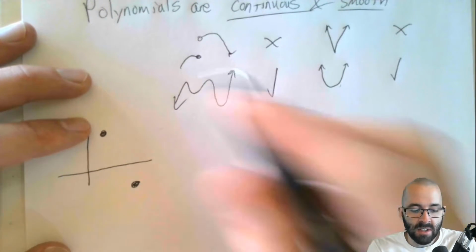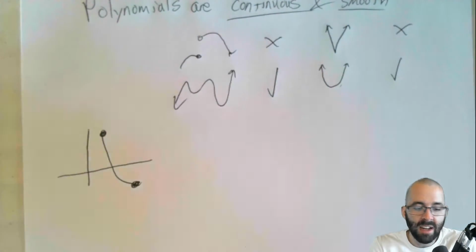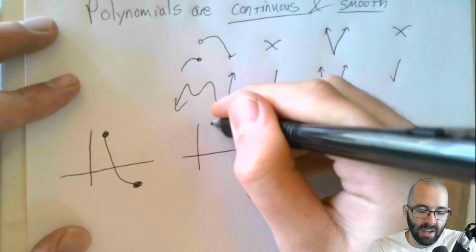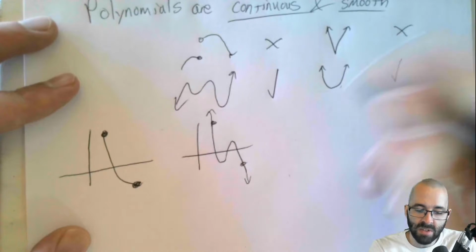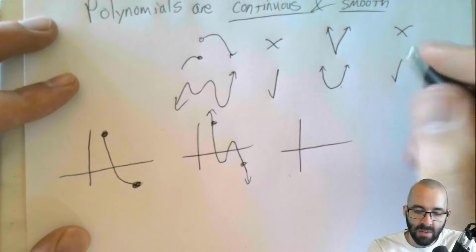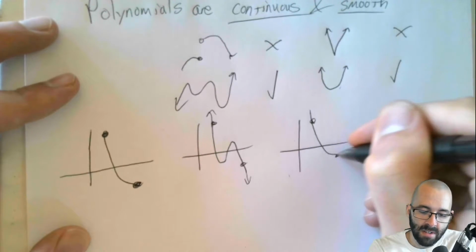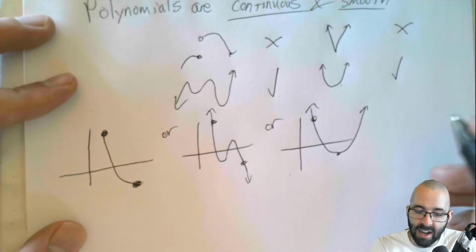I don't know necessarily what happens between these points. But since polynomials are continuous, right, maybe they connect like that. Or who knows? Maybe they connect like that. Doesn't matter what's going on, but somehow these 2 points have to connect. And I don't know what it's going to look like, but they have to connect.